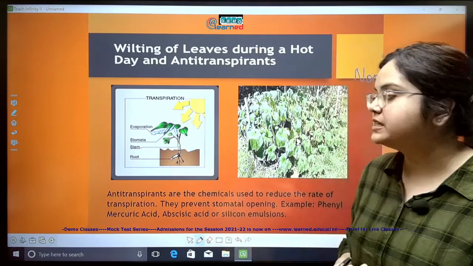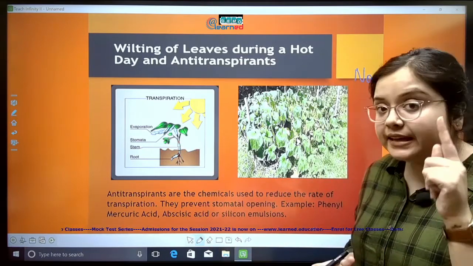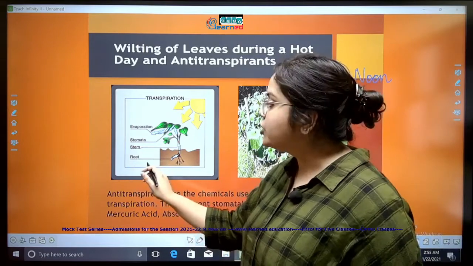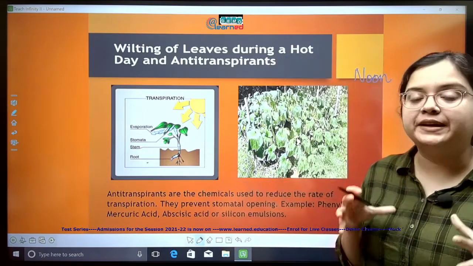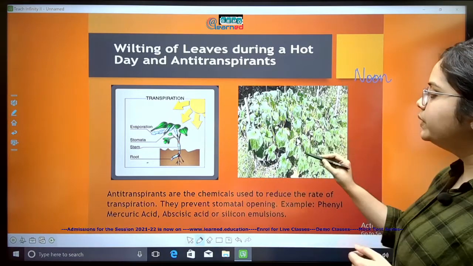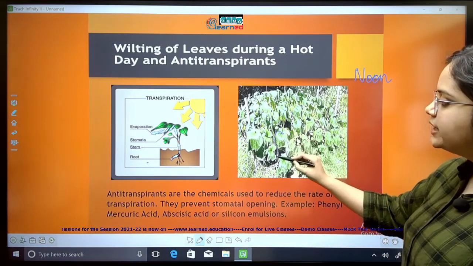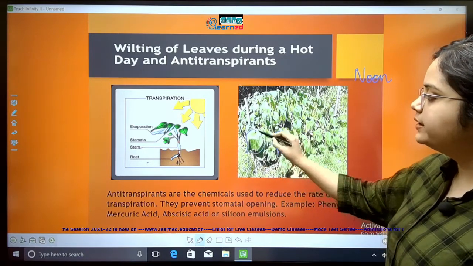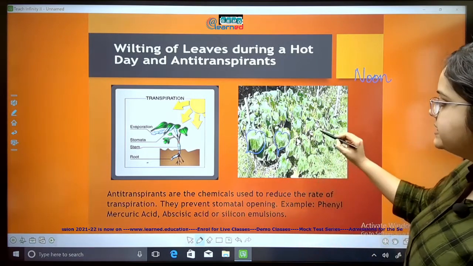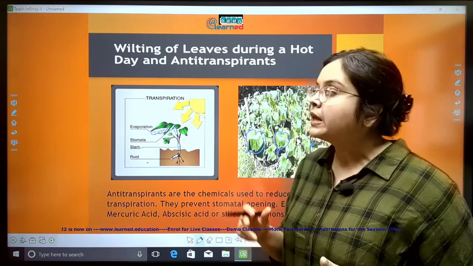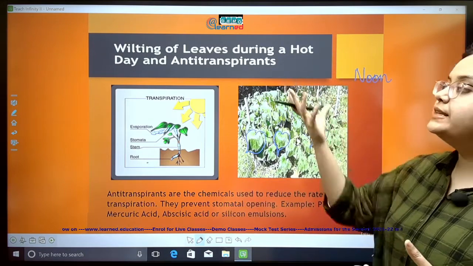Evaporation will take place at maximum. And if the rate of transpiration is more than the rate of absorption of water by the roots, then the leaves of the plants will wilt. If you see the picture carefully, these are drooping leaves. The leaves are all facing downwards, the plant is looking quite dry. This is wilting of leaves.